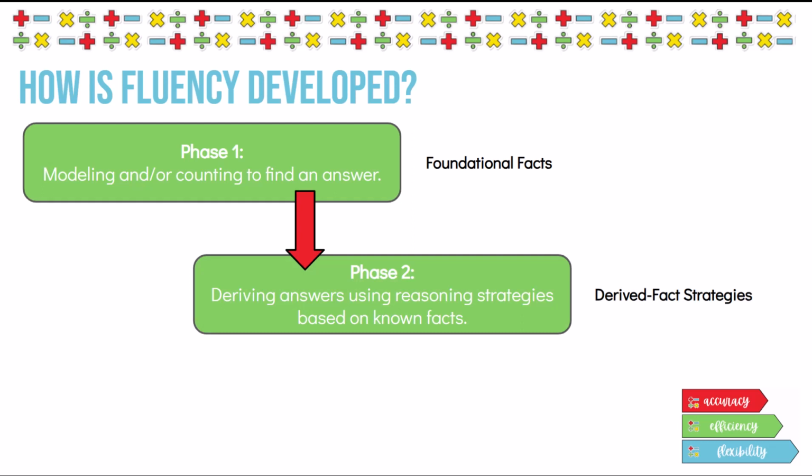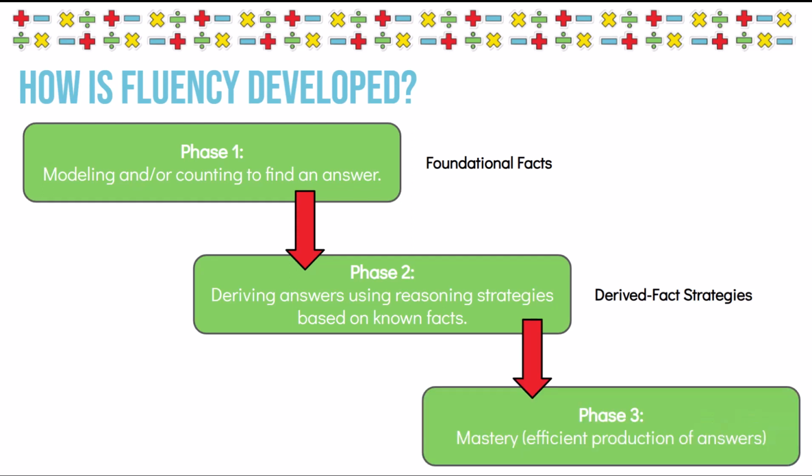This is when they are deriving their answers by using reasoning strategies based on their already known foundational facts. And finally, in phase 3, we will know our students are fluent because they have been able to master their basic math facts by being able to produce efficiently the answer to the problem.